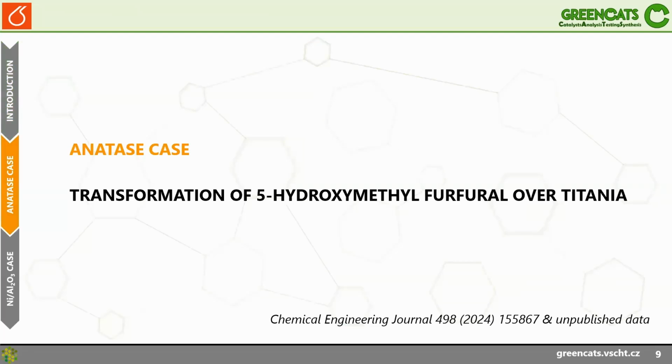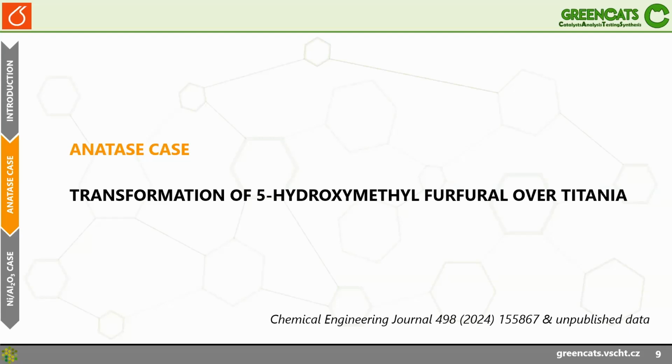Okay, and I promised to look at the supports, and I will discuss two case studies. First, I will look at titanium, specifically anatase, and how it influences the reactions. I will admit, we didn't start with looking at titanium like that.